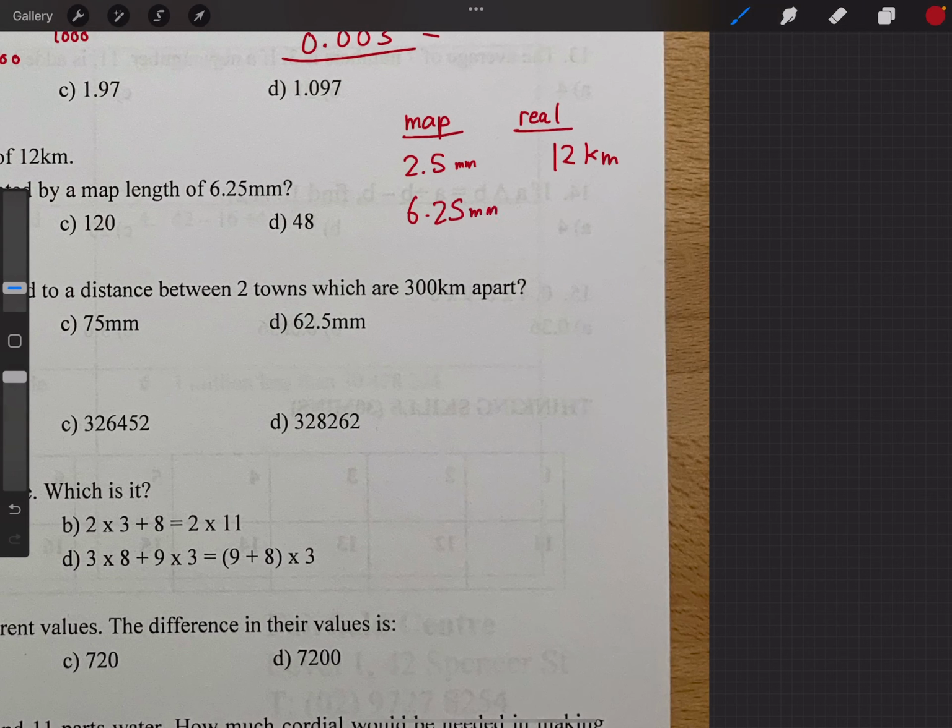Okay, and that's going to equal to what? I think that if I want to know how many times larger this 6.25 is, let's do 6.25 divided by 2.5.